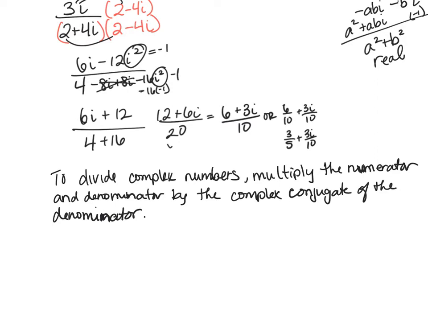Just like we can't have a radical in the denominator, but we can have one in the numerator. We can't have imaginary numbers in the denominator, but we can in the numerator.